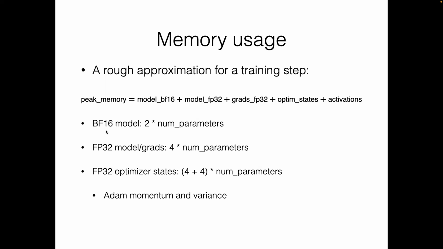But what happens, and again we'll go over this in detail in the next lecture, is that at a lower precision you can't represent the same precision of numbers. If you have really small numbers, you can get errors. So it's common to keep a copy of the model in higher precision.